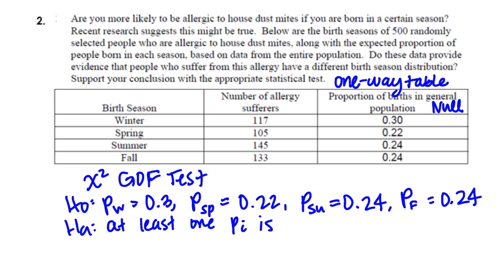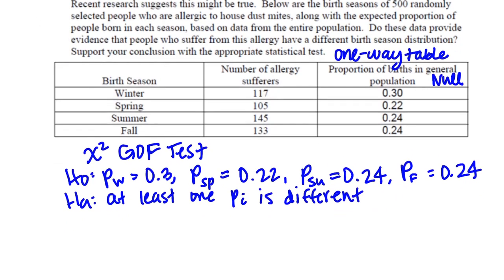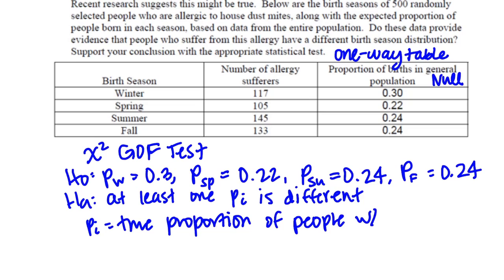P sub i is different. And we define our P sub i as the true proportion of, and I guess I should read this now, birth season distributions. Okay, let's see. So the true proportion of people with allergies born in each season.